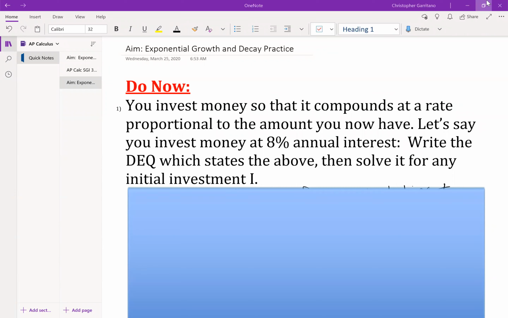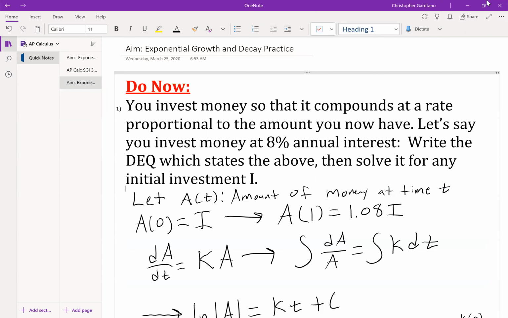So the very first sentence really tells us how we should set up our differential equation. We invest some money so that it compounds at a rate proportional to the amount you now have. All right, so what does that mean? I've gone ahead and solved these problems ahead of time, but I'll number the steps.